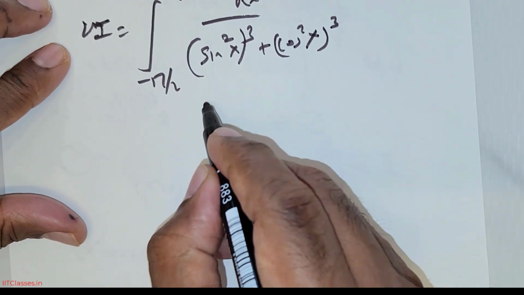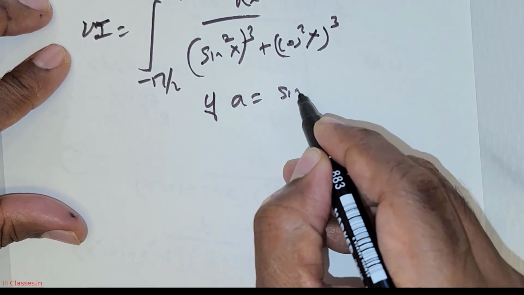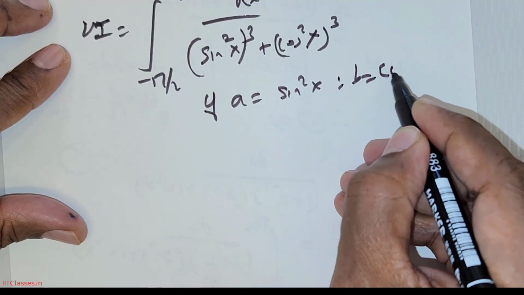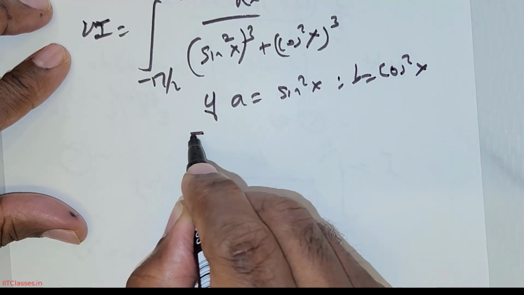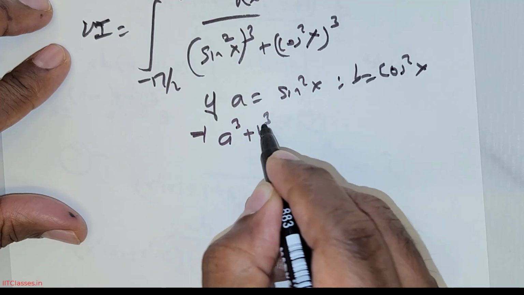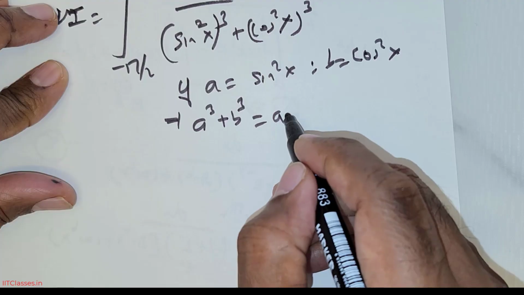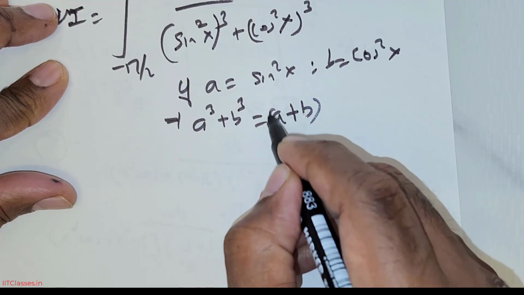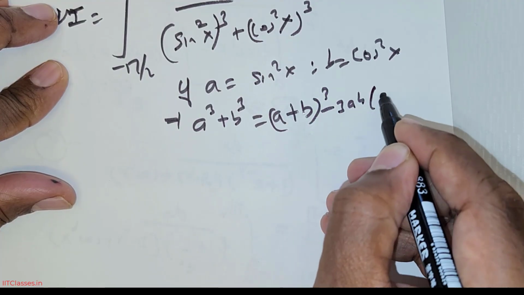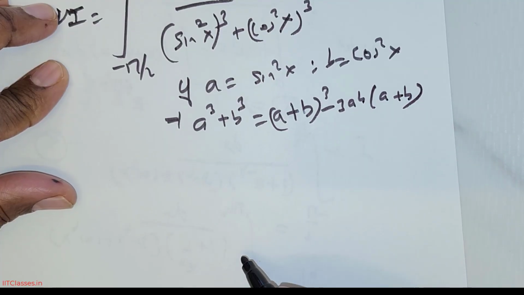So this is what I've got. Now if I were to take a to be sine squared x and b to be cos squared x, then I got a cubed plus b cubed, which has got a formula of a plus b whole cube minus 3ab times a plus b.